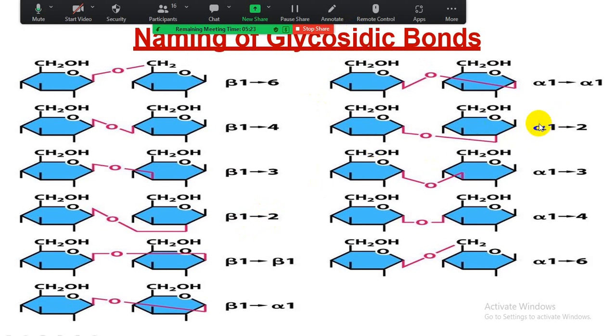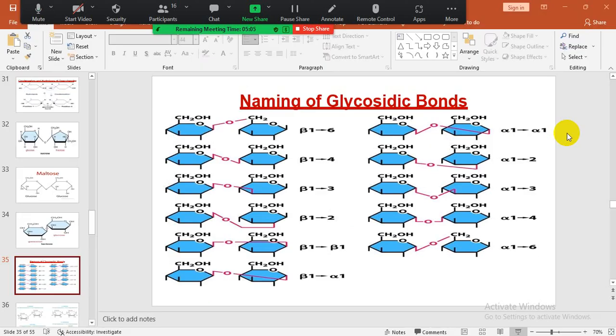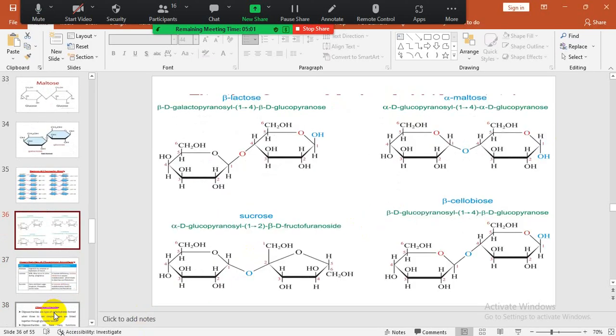But if it's at the anomeric carbon, then it is alpha 1. This one is not the anomeric carbon, so we don't bring any alpha or beta. Do you understand? Okay, so let's go back. When you go, practice this.